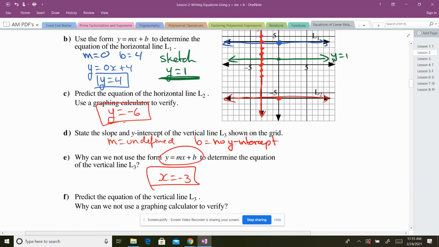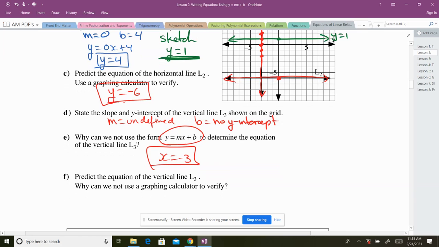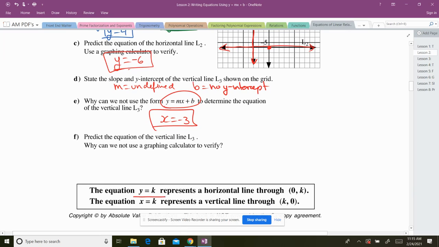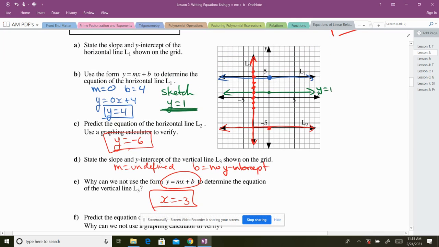So when you see x equals a constant, it's a vertical line, okay? Which is what they say at the bottom here. Every x value is -3, because I'm over -3 and then 0. This one is -3, 1; -3, 2; -3, 3. It's always x equals -3. The y value will change, so we just write x equals -3, and that represents a vertical line.